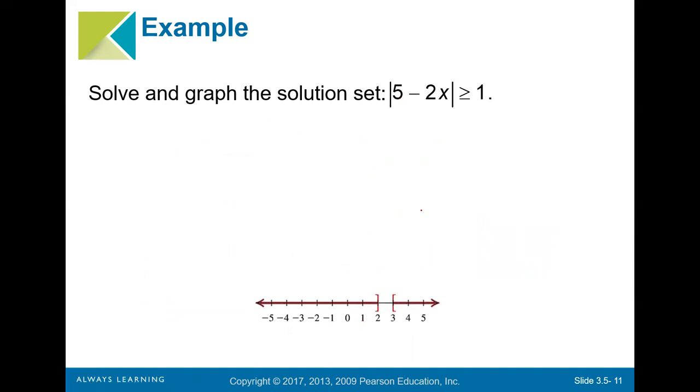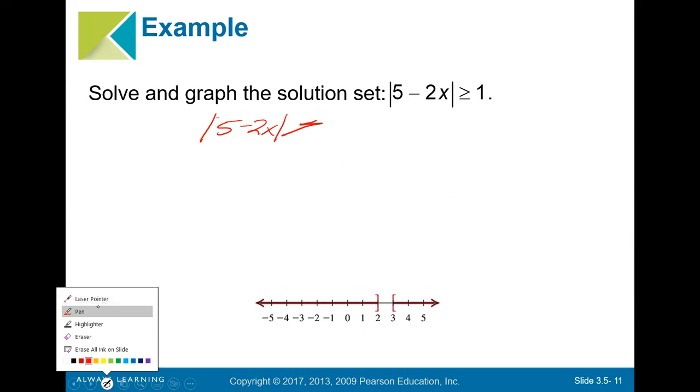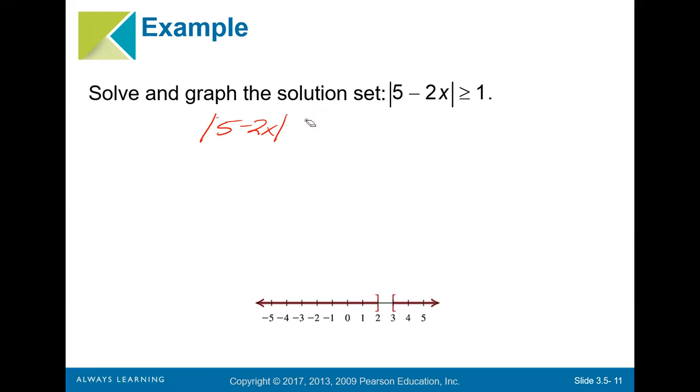All right, let's solve the graph. So what do we have here? We have this absolute value that's greater than or equal to 1. So what I know is that I'm going to take this absolute value and set it greater than 1.